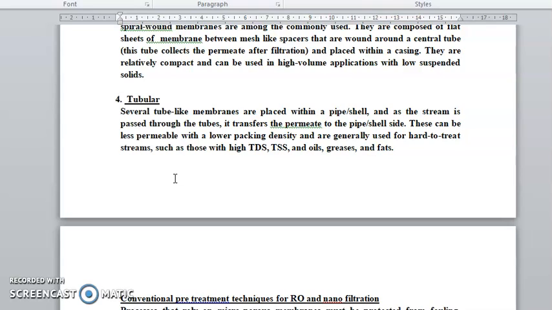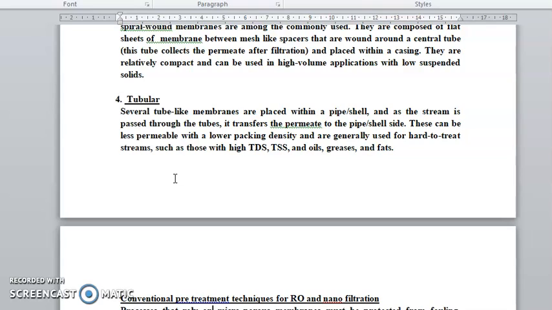Several tube-like membranes are placed within pipe shells and the stream is passed through the tubes. The permeate is transferred to the pipe shell side.